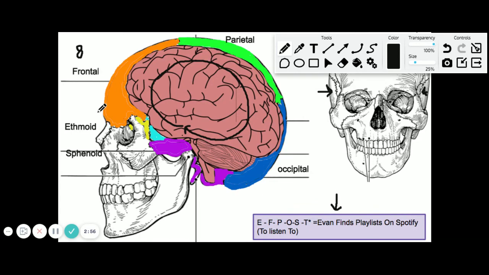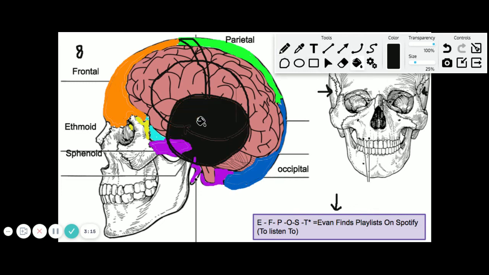So Evan finds playlists on Spotify, and then our temporal bone rests right here over your ear. And we can almost think of it as like headphones, right? So here's our temporal bone. And that's what we have to listen to, right? And that is the temporal bone. Put that out here, temporal.